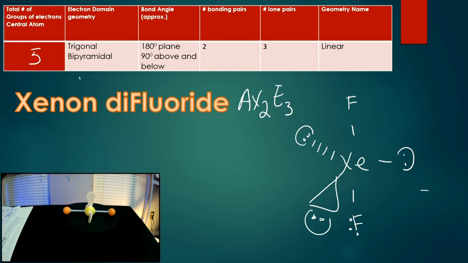And now we just have 2 atoms of fluorine where we have to fill in those electrons. So that is a molecule of Xe difluoride or xenon difluoride, where we have 2 bonding pairs and we have 3 lone pairs. So again, let's highlight here between our atoms, that's where we're going to get 180 degrees.